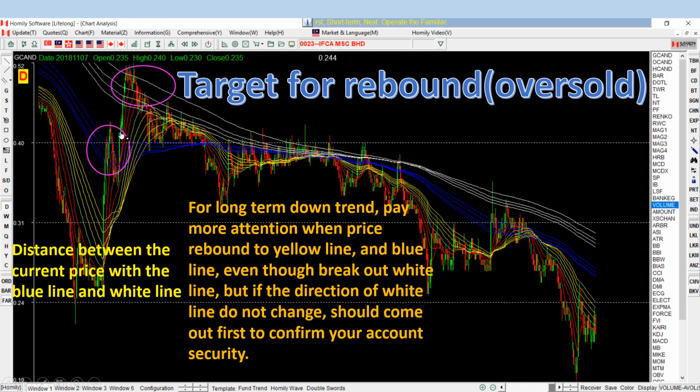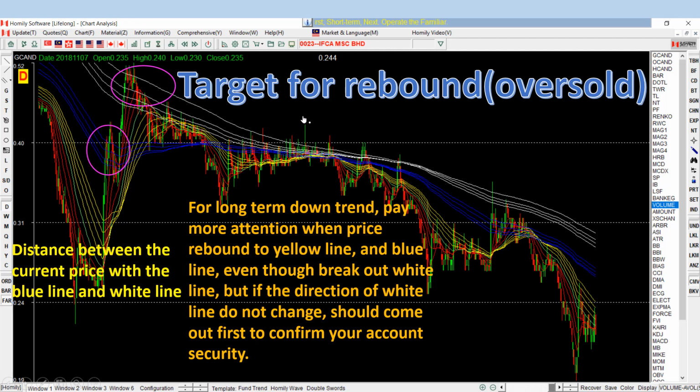So you can see when the price reaches here, it will find it hard to break out the white line. And here you can see this one, the price will also reach the white line. But here you can see the lines are gathering, the yellow line is turning upward, but when you check the white line, the direction of the white line is still downwards, which means the long term is still a downtrend.